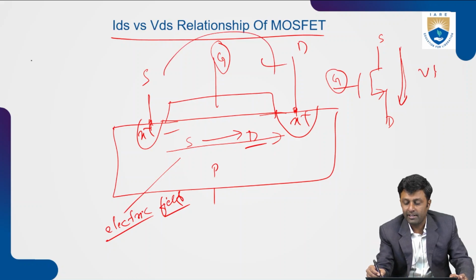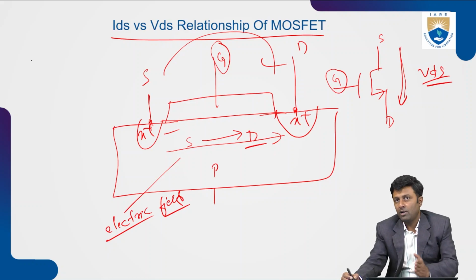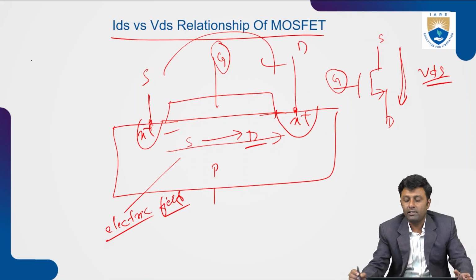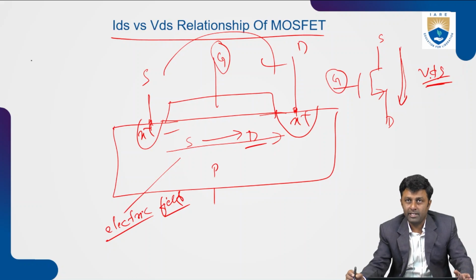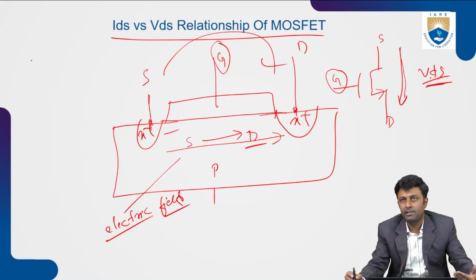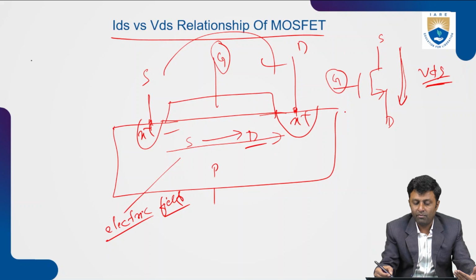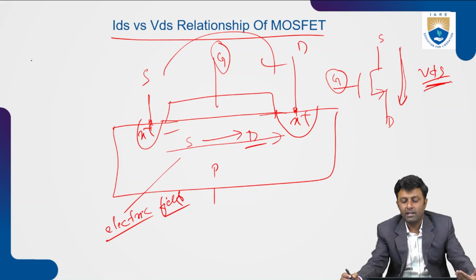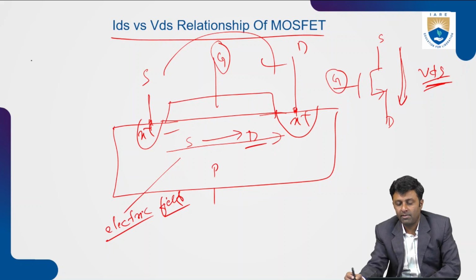The gate voltage is used for the flow of electrons, and we can control the electric field by varying VDS. Now we'll see the relationship between VDS and IDS. If you increase the voltage, the drain to source current will also increase. So we'll see the IDS versus VDS relationship of the MOSFET.